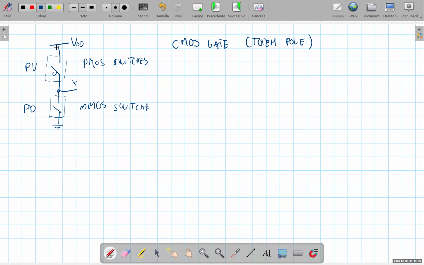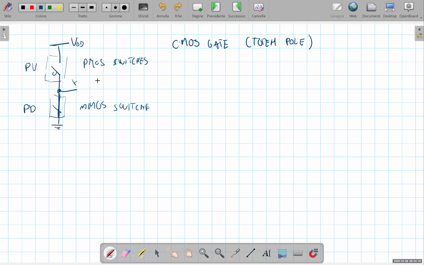A totem pole structure means a structure that provides a connection of the output of the gate either to the supply voltage when a high output level is to be forced, or to the ground voltage when a low logic level is to be forced.